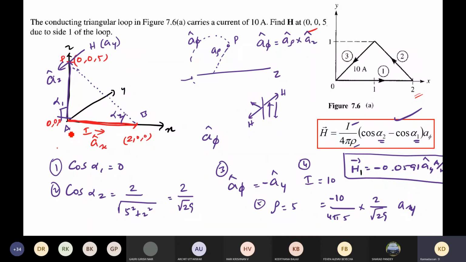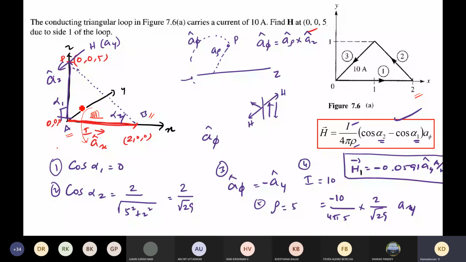Now we have point A and point B, both are available, and the magnetic field will be going around. So you just draw the simple thumb rule like this. This is the thumb and these are all the other fingers. So you can easily find out in which direction the magnetic field will be.